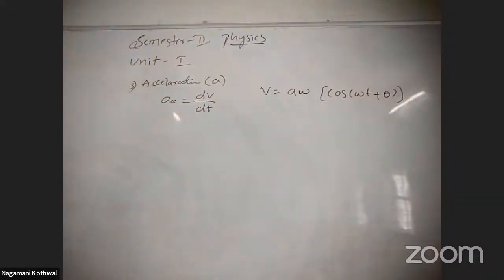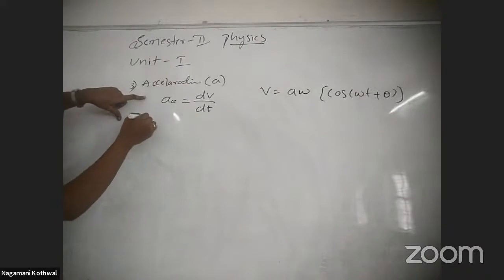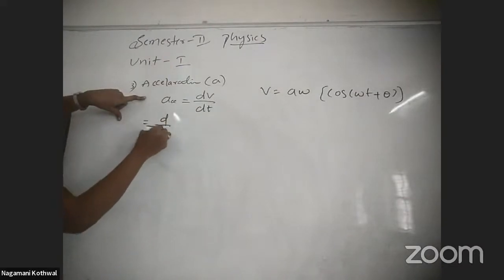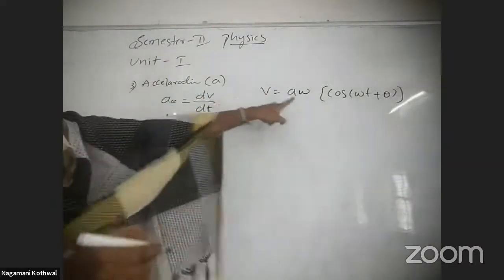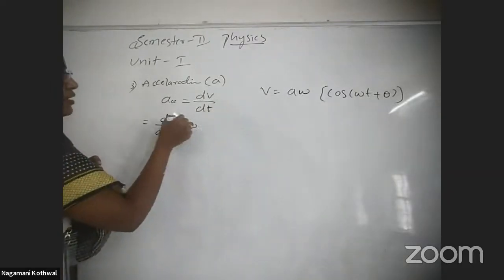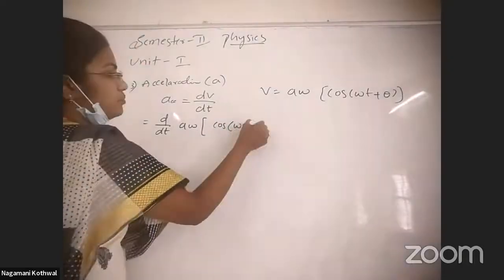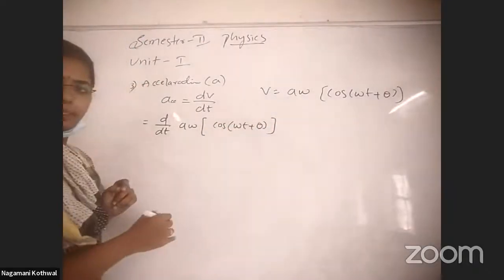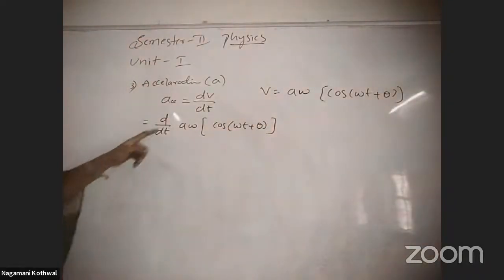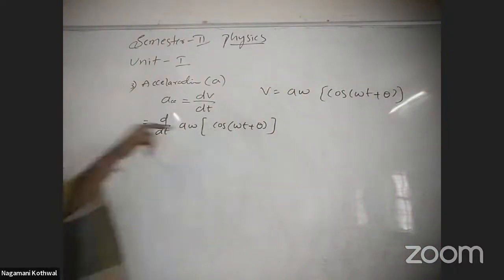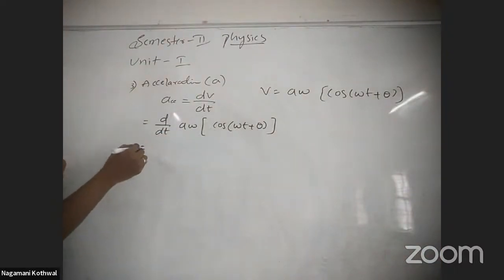The acceleration is equals to d by dt of velocity, a omega into cos omega t plus theta. Differentiate with respect to t, cos omega t differentiation.